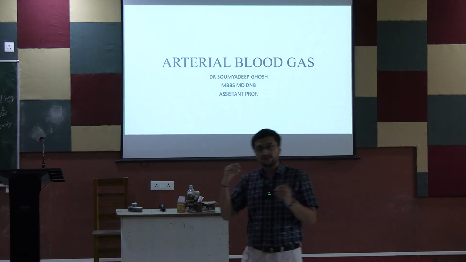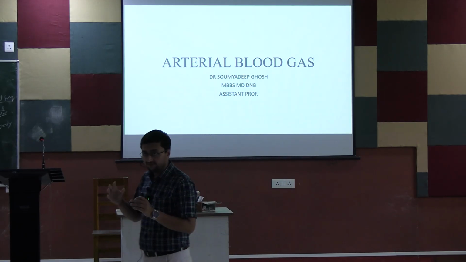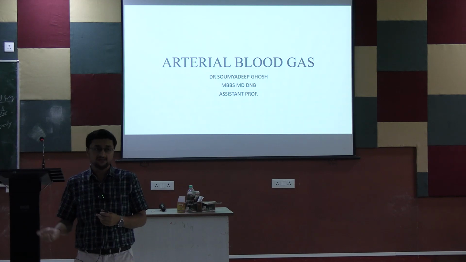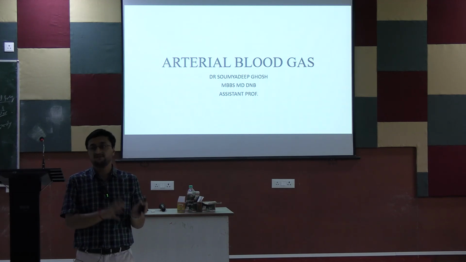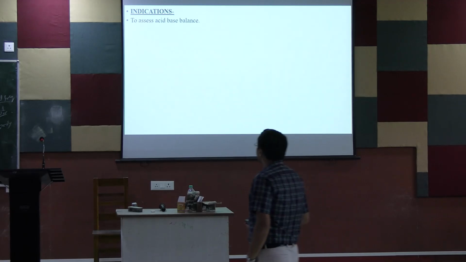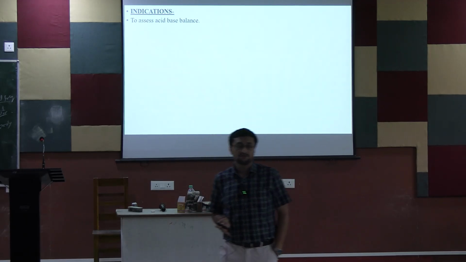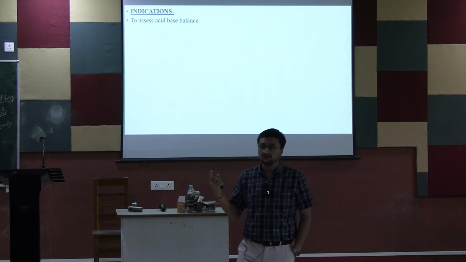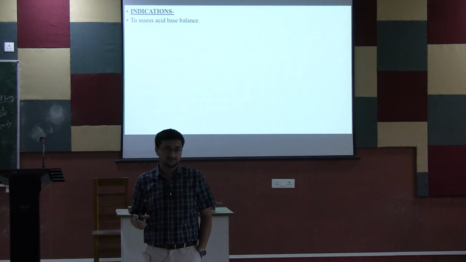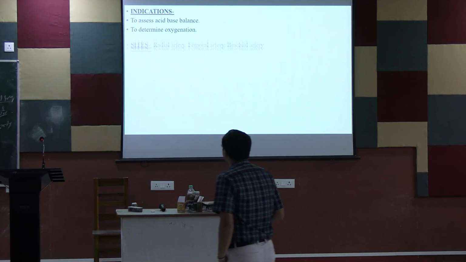So we try to do ABG, but definitely during your initial practice, initial days, there may be admixture of venous and arterial blood. So what are the indications of doing an ABG? Definitely that is to measure the acid-base balance. This is a very important part. Then to determine oxygenation.